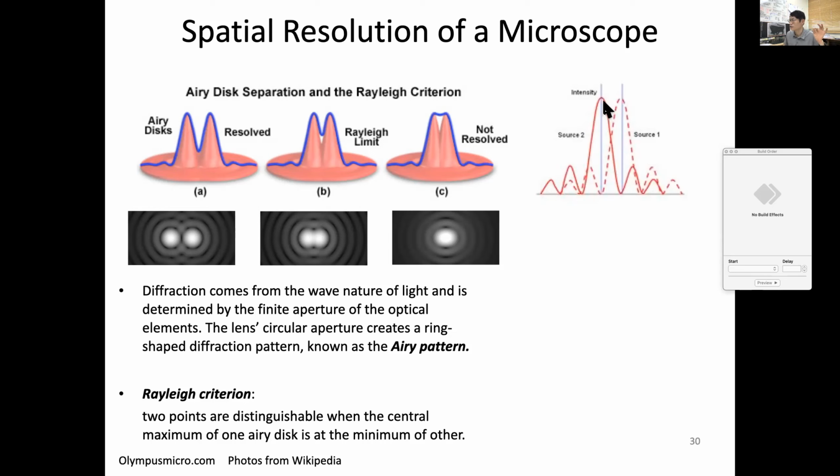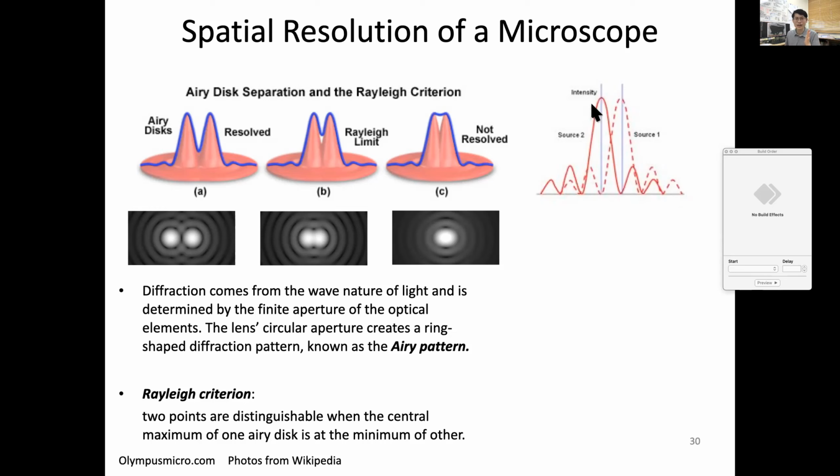Interestingly, because it's a wave phenomenon, it has interference. It looks like this ringing effect, but it goes down to the first zero. And what if the other object is sitting right on this first zero, like this dotted line? If you plot it, that is exactly what it looks like over here. So this is an easy way to define the resolution.